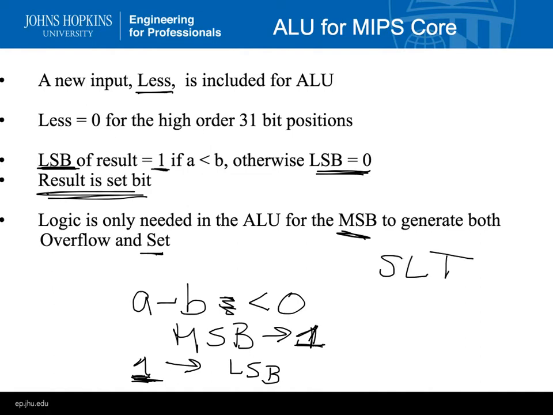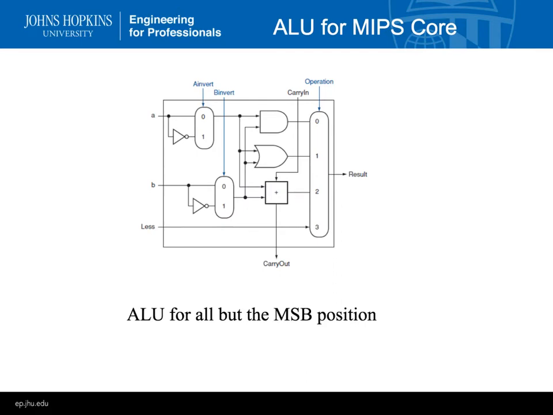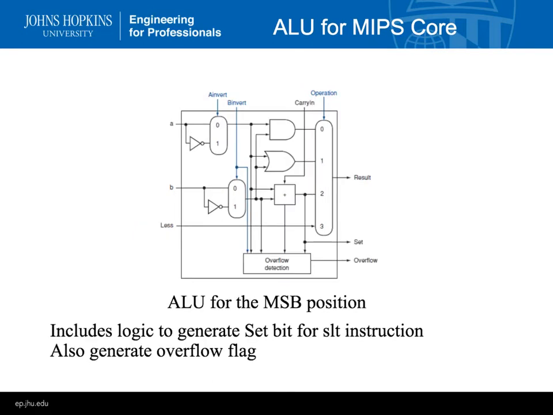instruction. So here's our ALU again. We have a signal of 3 if it's a set on less than. And actually the ALU is a little more complicated for that most significant bit, because that's the one where we're going to see the overflow, and that's the one that's going to tell us to set the least significant bit if it's a less.